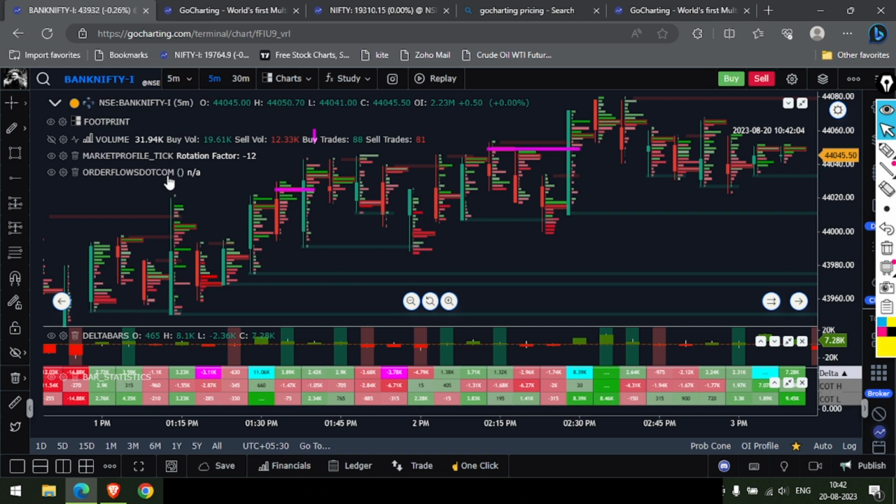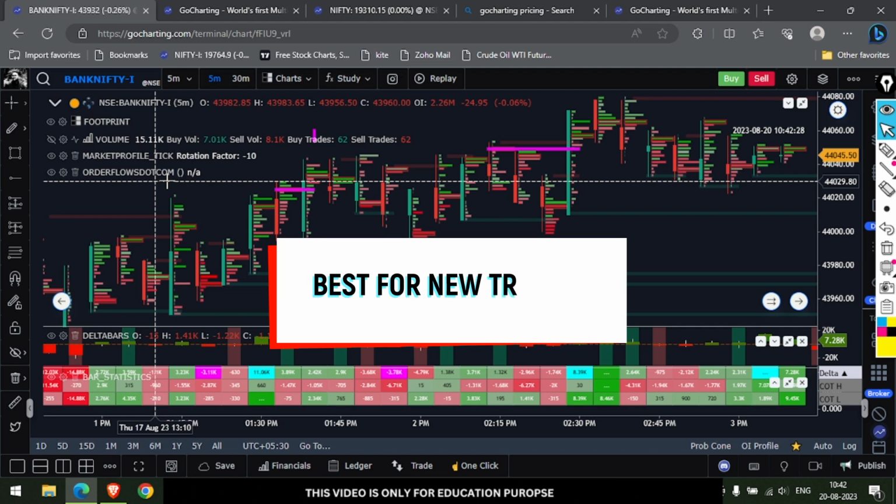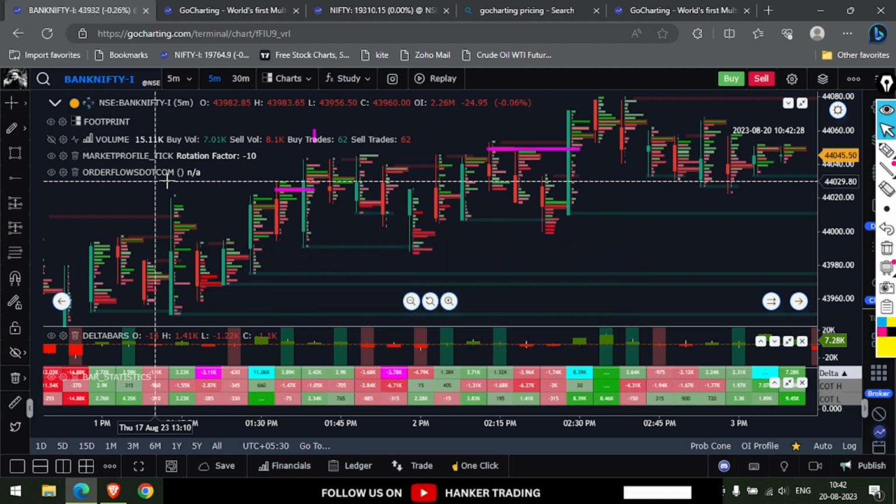Based on this indicator, I don't initiate a buy trade or sell trade. I don't make any positions because it's just for extra confirmation. This platform is the best for freshers who want to learn about order flow, because when you go with some advanced trading tools, there are plenty of options and people get confused about which options to select, what their settings are, and how to plot them properly on the chart.